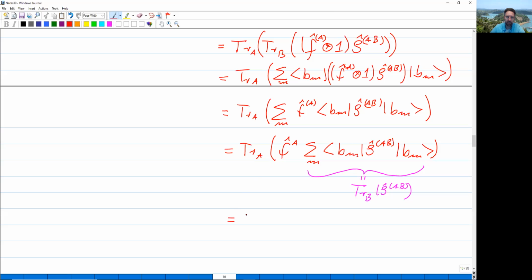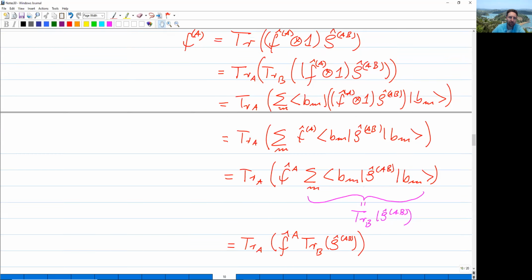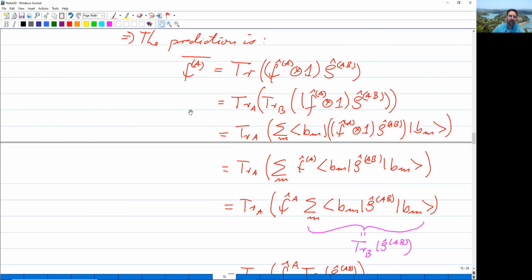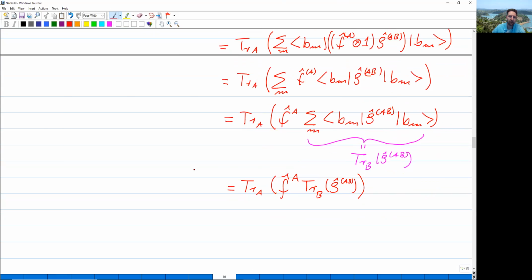And therefore, we can write this as the trace over A of F hat A, and then the trace over B of rho hat AB. All right, so the calculation was so long that we lost the beginning of it. This is the expectation value, this is the prediction. This is FA predicted. That's this, okay? So, big Heisenberg cut.